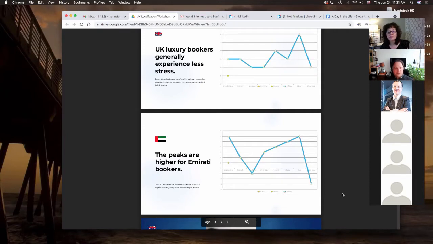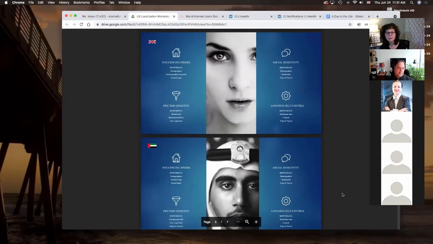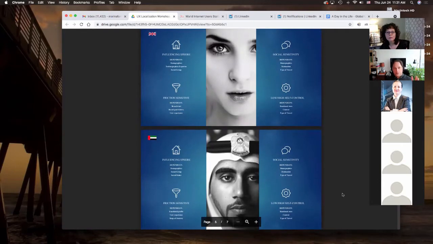And sorry, Marina, if you go back to the bottom couple of slides. Effectively, using also other data, so surveys and whatnot, we produced these couple of profiles for the design team, which were about the cultural differences of these two customer groups and what kinds of priorities they have, how they actually preferred to see their content, what was their social sensitivity in terms of the content and the messages that they saw on the site, because obviously there's lots of imagery on a booking site.